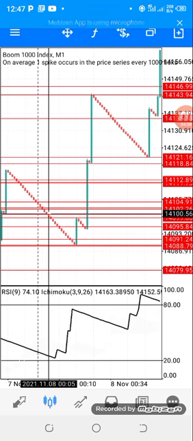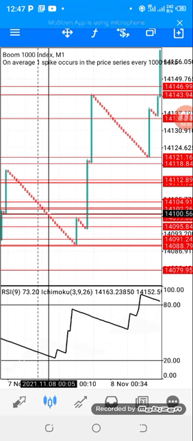Now, according to my last video, let's assume that we want to trade Boom 1000. That means we simply want to trade bullish spikes. So what we need to do here is look for a bullish spike candle that engulfs the last 10 bearish candles, a minimum of 10 bearish candles.